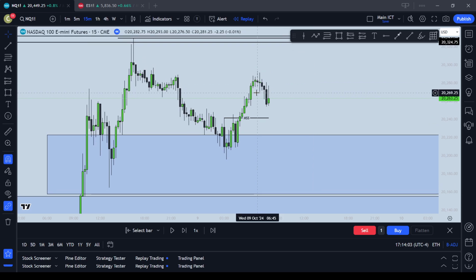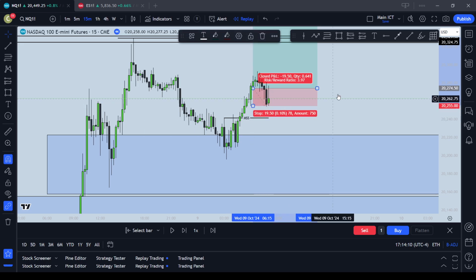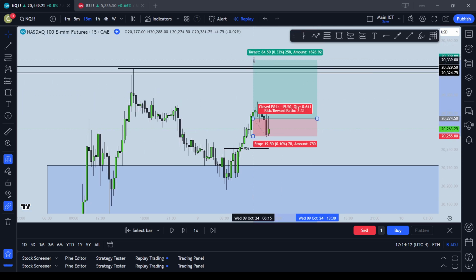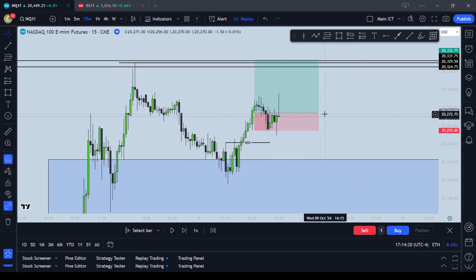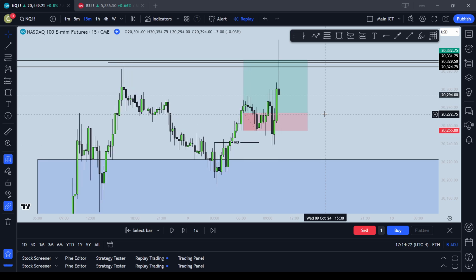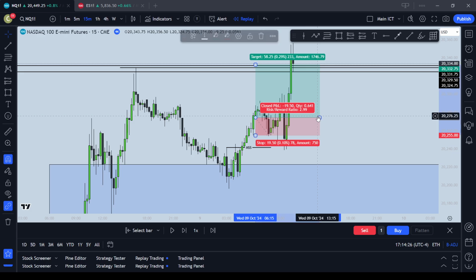The fair value gap that I identified was this fair value gap here. So I had my entry there, stop loss here. And what was I waiting for? This external range liquidity up here to get taken for a total of 3R. As you can see, I got stopped out, but you can also see that price ends up going in my favor. And that's cool. I love to see that.